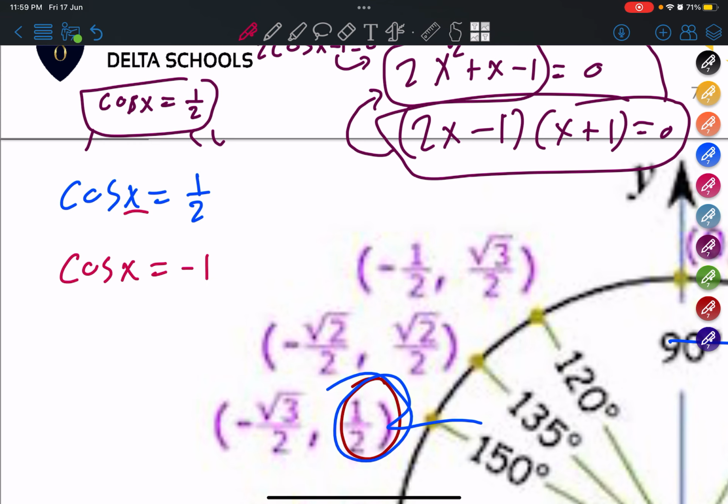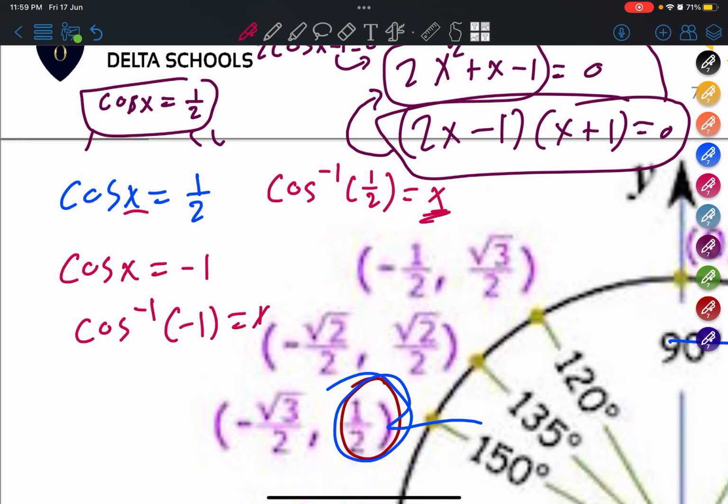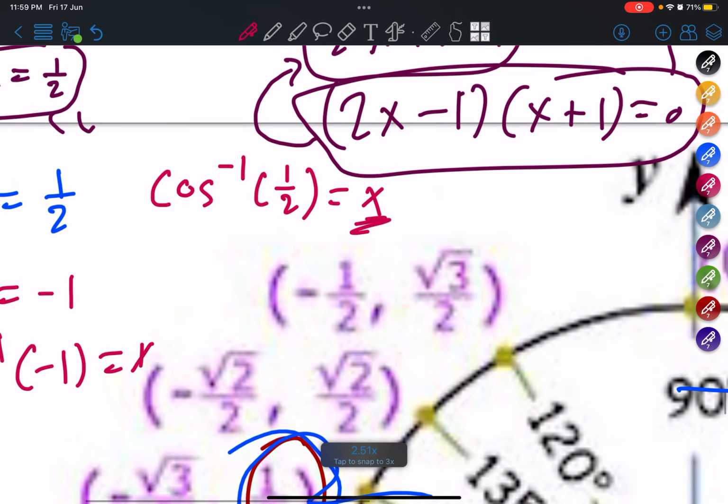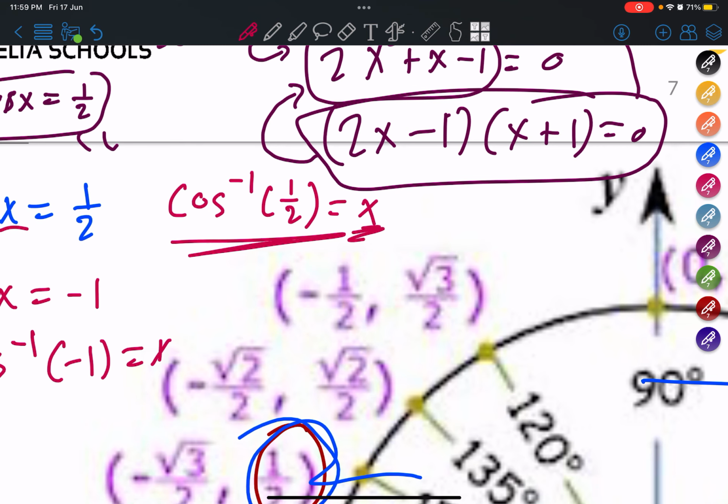To get the value of x, we will have to take the inverse. So cosine inverse of 1 over 2 should equal x, and cosine inverse of negative 1 should equal x. We said here that in the interval from 0 to 2 pi, the inverse of cosine for 1 over 2 is 60 degrees and 300.